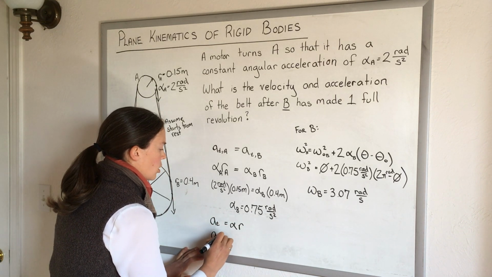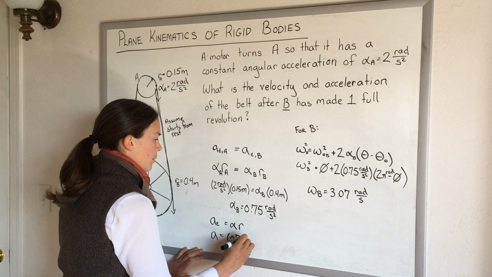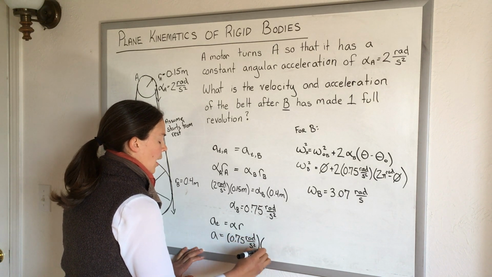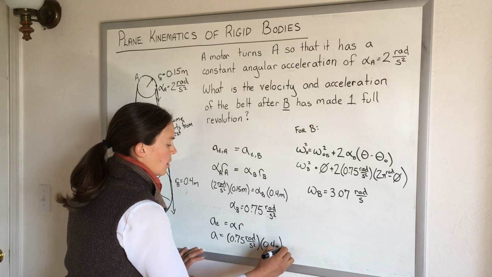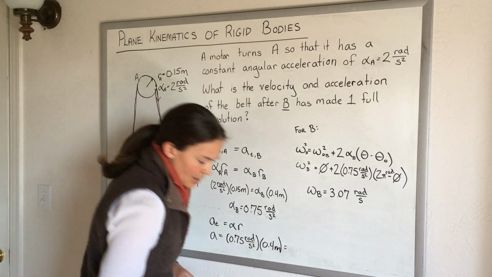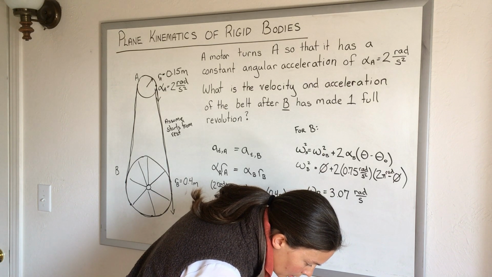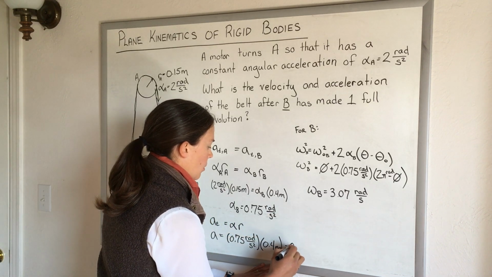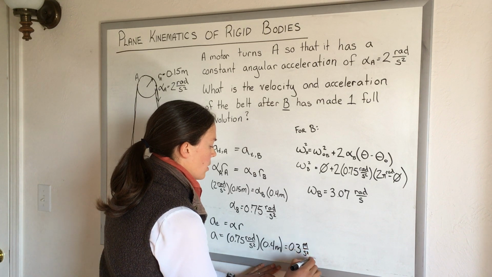So that acceleration will be our alpha B, 0.75 radians per second squared, times the radius, 0.4 meters. So that should give us an acceleration on the outside of 0.3 meters per second squared.